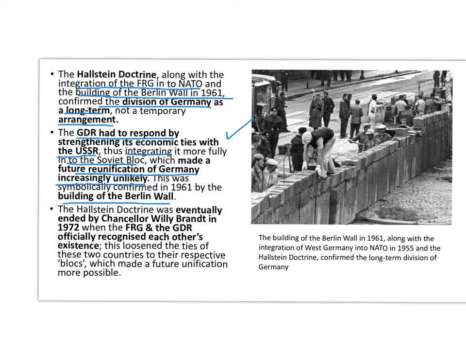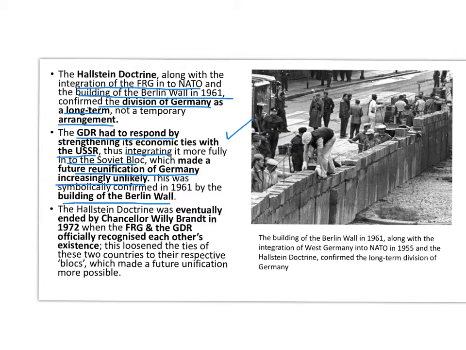And so this notion of the division of Germany is now completely tied up with the Cold War. So therefore, German reunification will not be able to happen until the Cold War ends, which, of course, as historians, we can now see and understand, because that is what happened in 1989 to 1990.